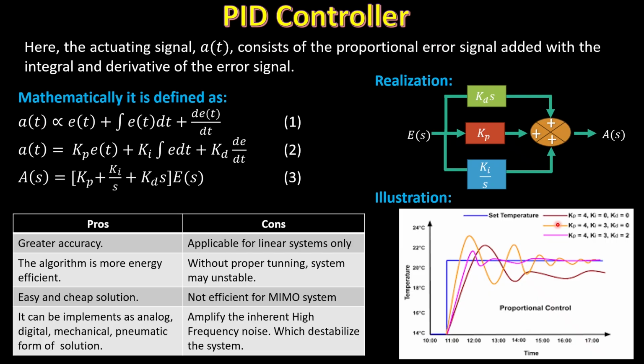The pros are greater accuracy, the algorithm is more energy efficient, and easy solutions, of course. The most important thing is it can be implemented in analog, digital, mechanical, pneumatic forms of solutions. That means we can generate an electrical PID controller, a mechanical PID controller and anything. That's why PID controllers are more popular.